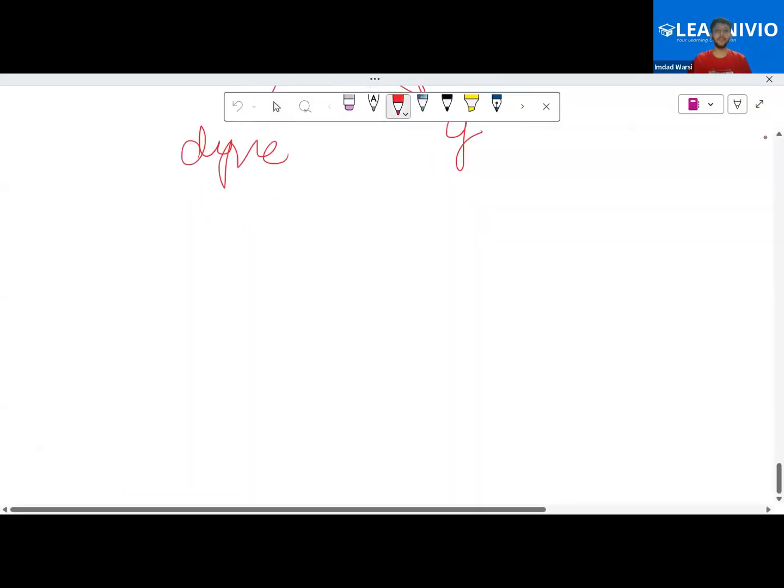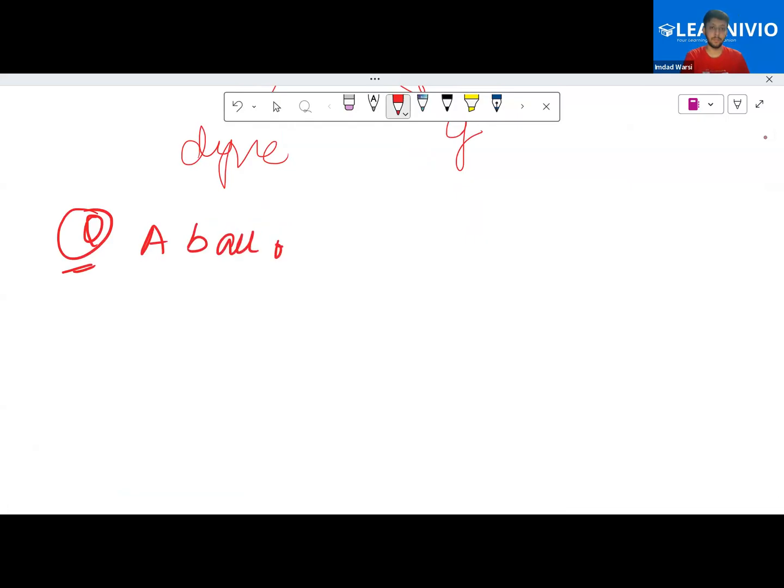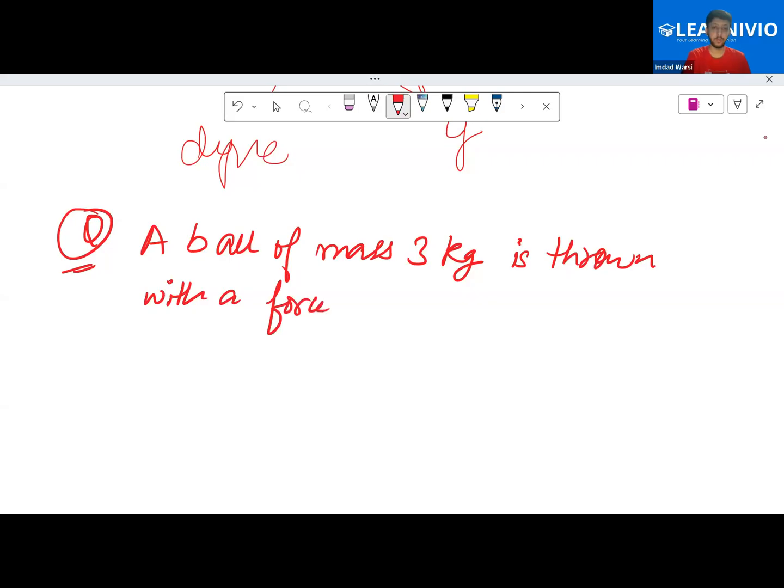Should I give it in the statement form? There is a ball of mass 3 kg, which is thrown with a force of 10 Newton on a wall of area 10 meters square.